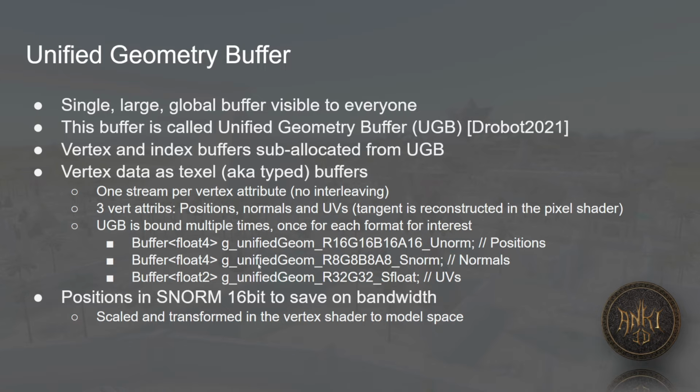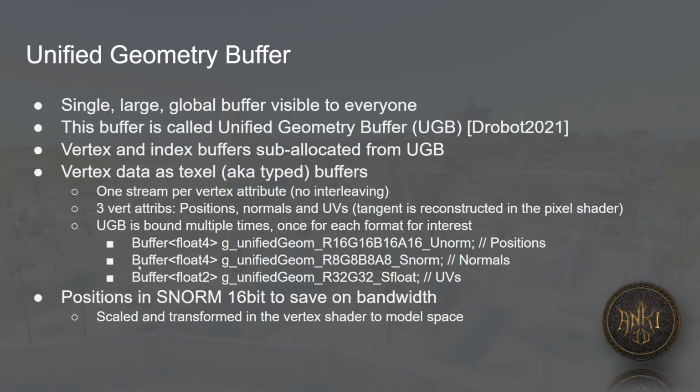Here we can see some examples. We have a UGB bound multiple times depending on the format that we care about. So for example here we bind the UGB as an RGBA 16 UNORM texture. This is for positions.